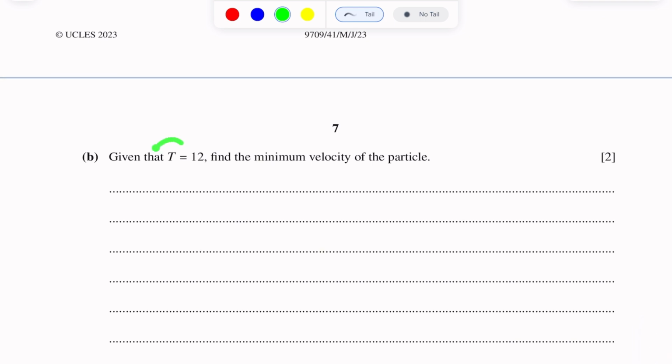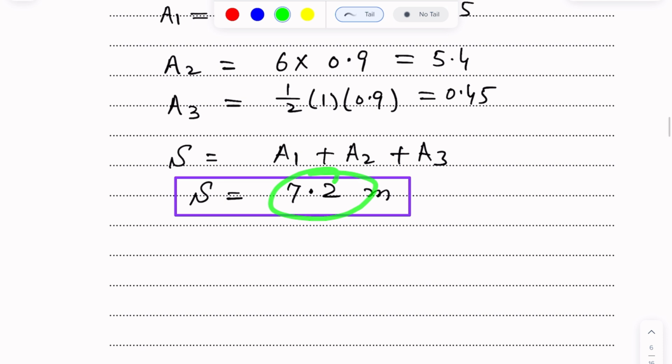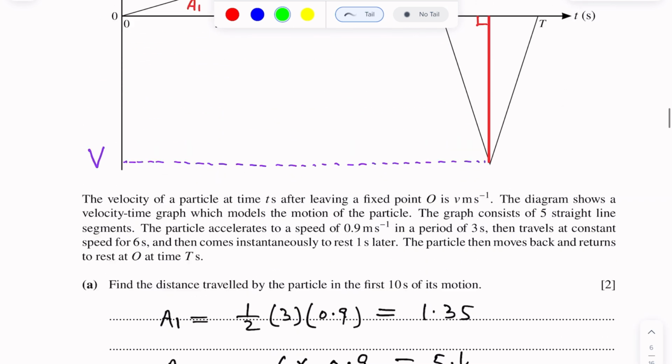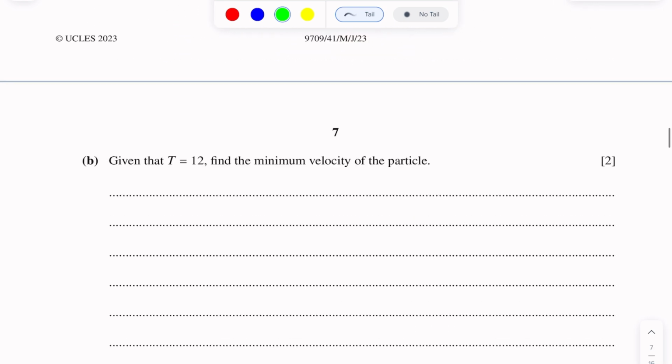Now t is equal to 12 and the total distance we have already found, that is 7.2 meters. Now we will find the area of this triangle, that is 1 over 2 base into height, that is b.